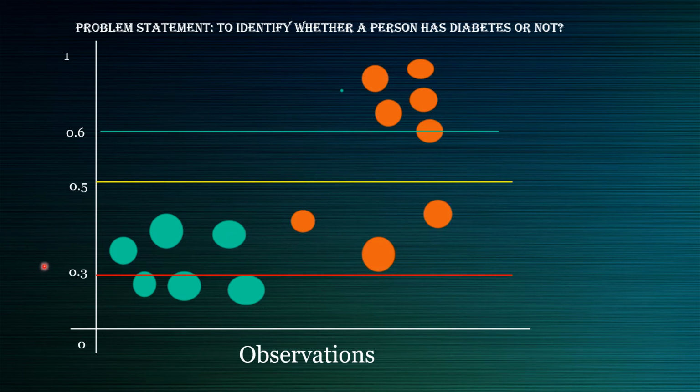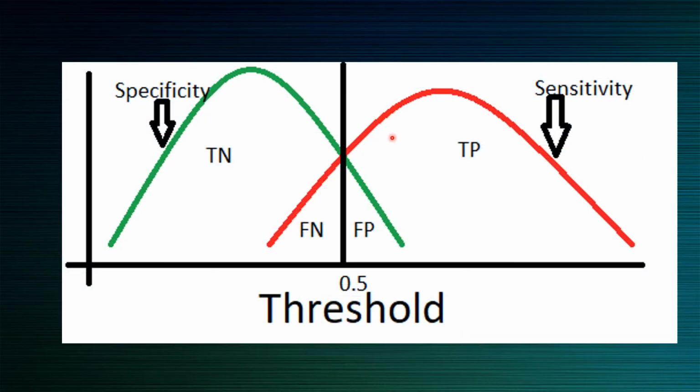Now, let us understand the same graph using specificity and sensitivity. So you can see a graph over here. This green curve shows your true negatives and your red curve shows your true positives. Here you have your specificity. What is specificity? A person who actually does not have diabetes is predicted to not have diabetes.